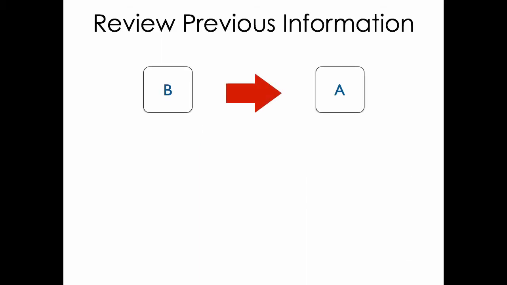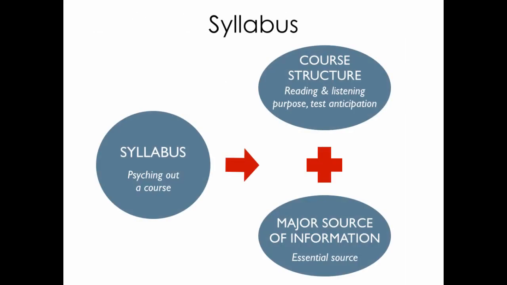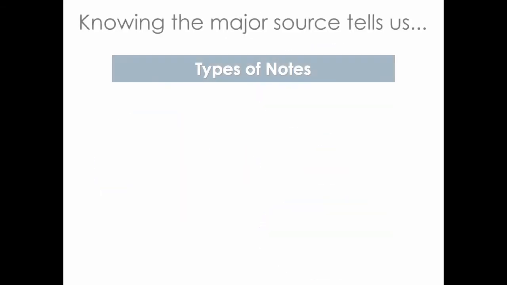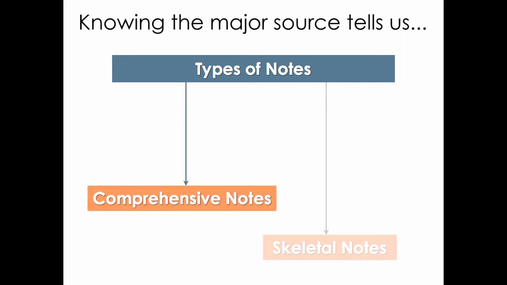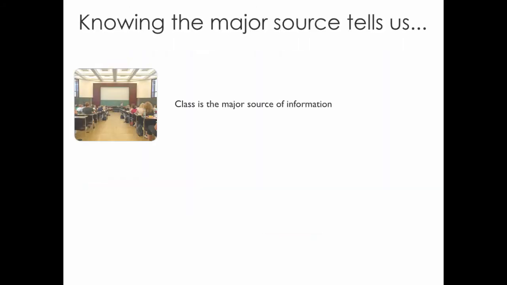I'm now going to give you a little review of previous information that is relevant now. So let's get started. Remember when we discussed the major source of information and course structure in the syllabus? Well, that's important information now. There are 3 points I want to make. First, the major source of information tells you to either take comprehensive notes or skeletal notes. When the class is the major source of information, then comprehensive notes are appropriate.